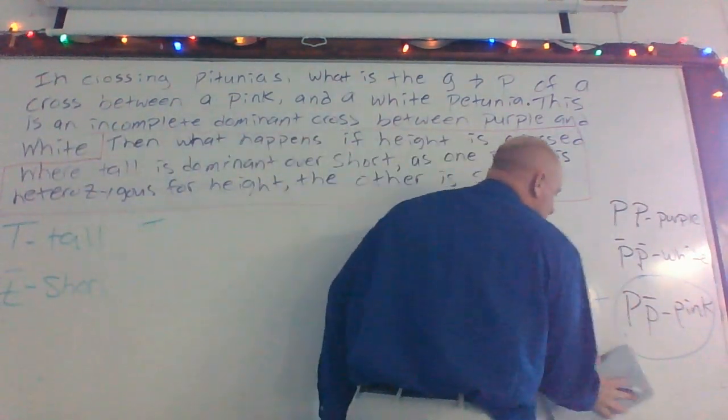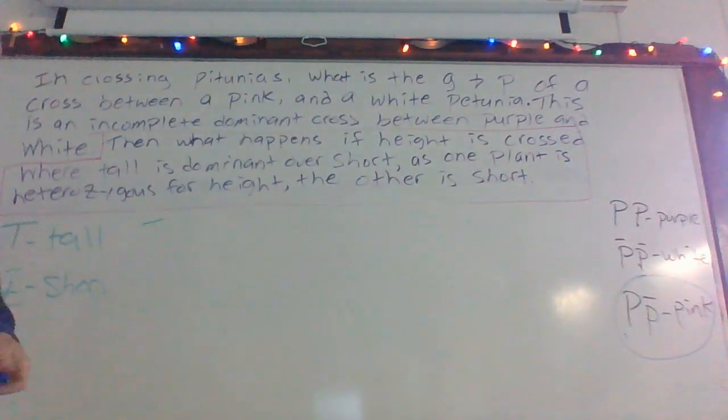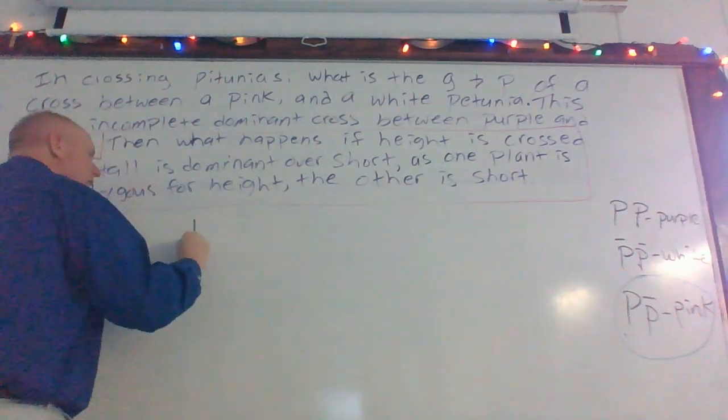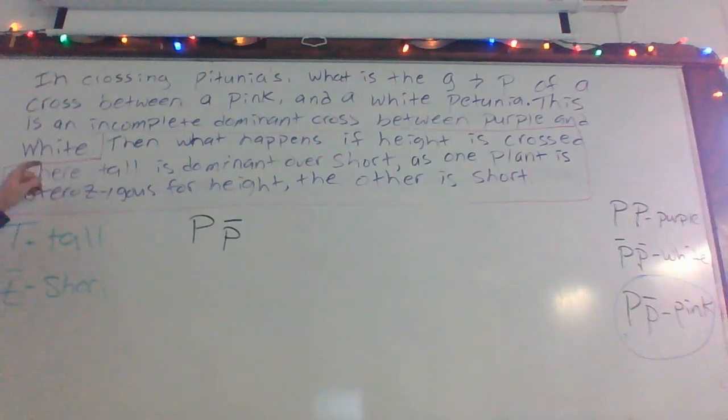So now if we take this whole problem as a whole, what happens if we cross a pink, which our key is over there, and we have a heterozygous for plant height, so that means there's one of each?